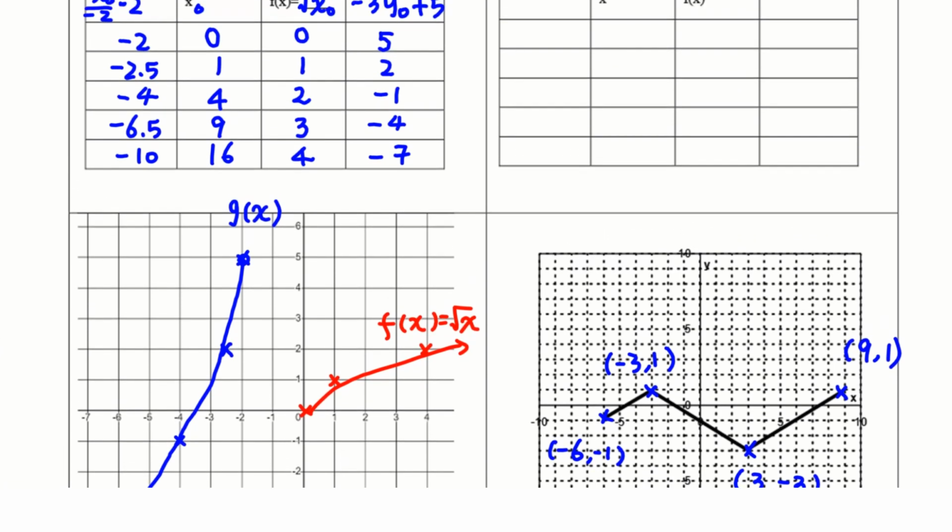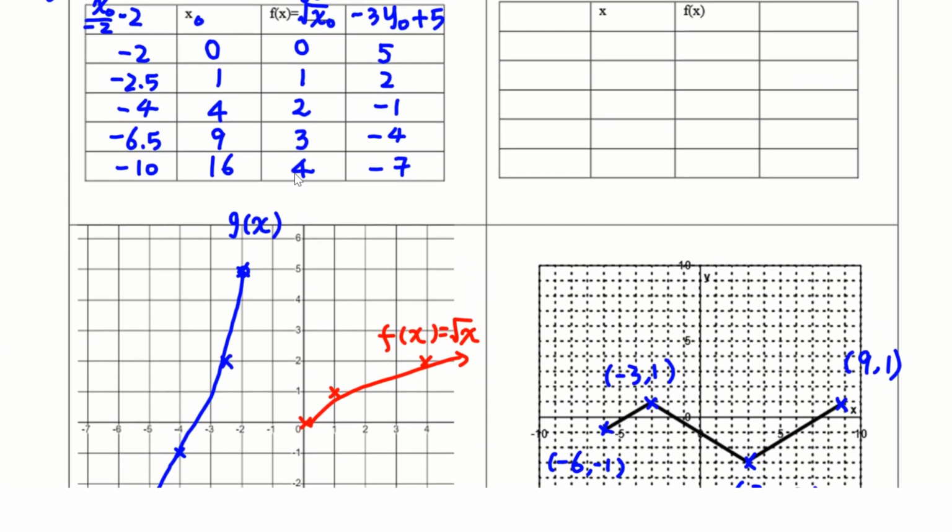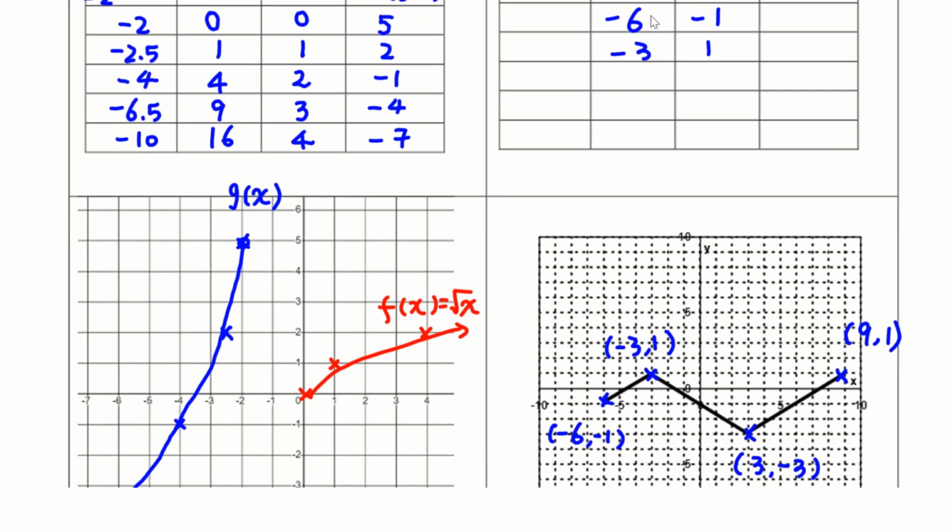So I will copy this one to the parent function. This is f at x0, y0. So the first points: (-6, -1), (-3, 1). And the next point is (3, -3), and the last point is (9, 1).